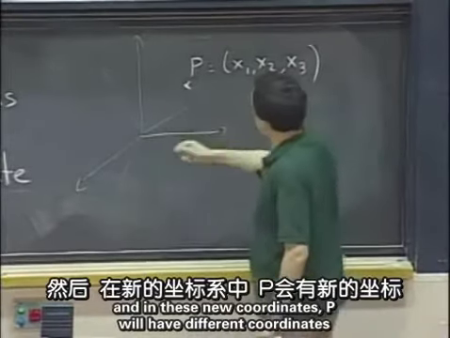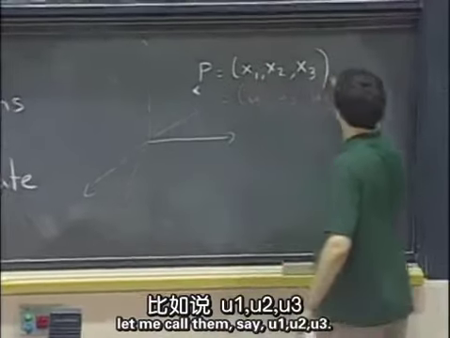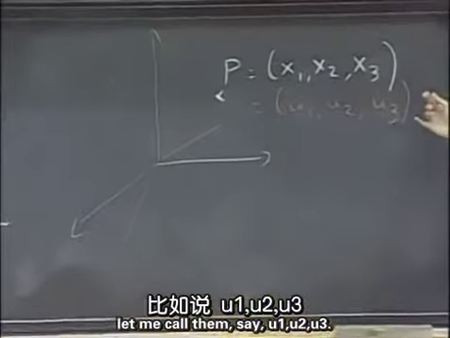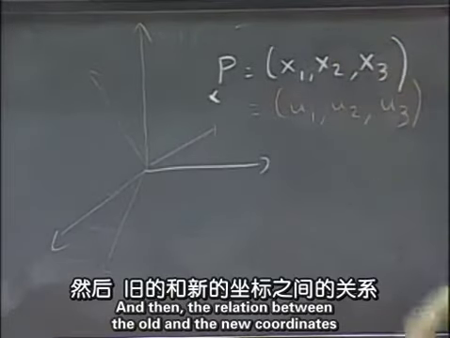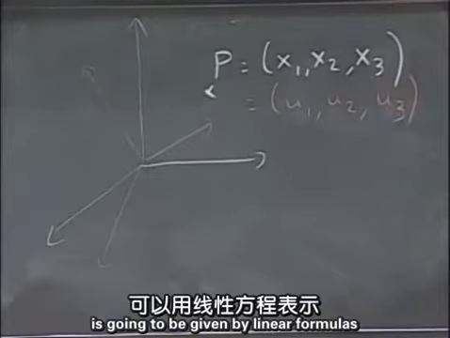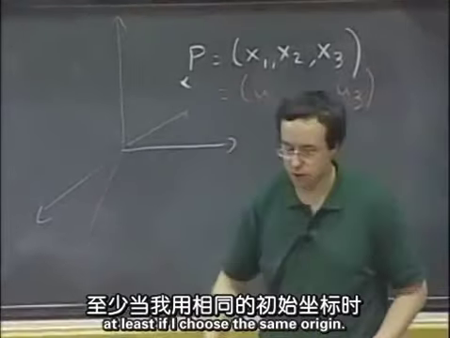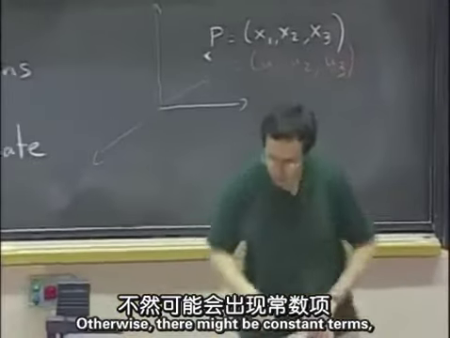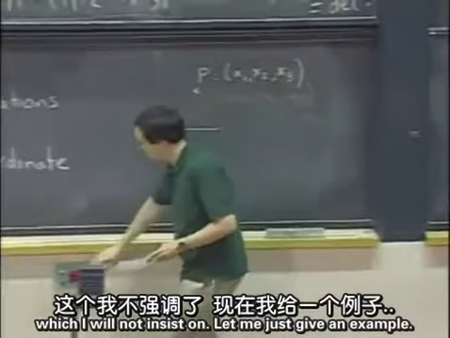And then in these new coordinates, it will have different coordinates. Let me call them, say, u1, u2, u3. And then the relation between the old and the new coordinates is going to be by linear formulas. I mean, especially if I choose the same origin. Otherwise, there might be constant terms, which I will not insist on.